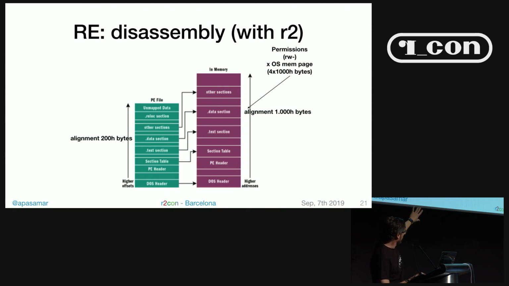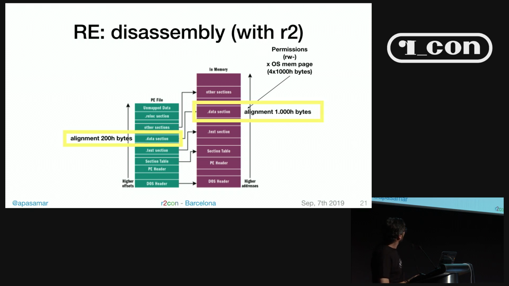In the image on disk, the binary has 200 alignment sections, but in memory it's mapped to memory pages, so it's aligned to this size, and you have an alignment of 2000 bytes in memory. It's different. So when you dump a binary, you have to take this into account, because it is not the same in memory as on disk.